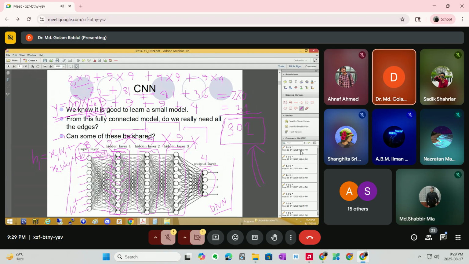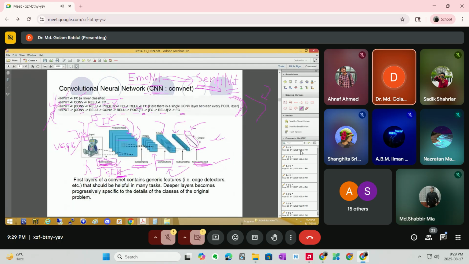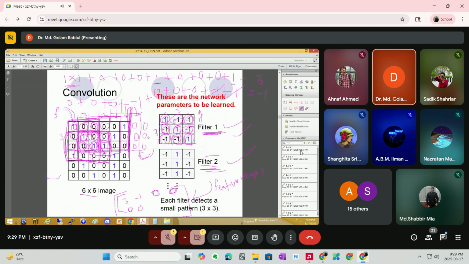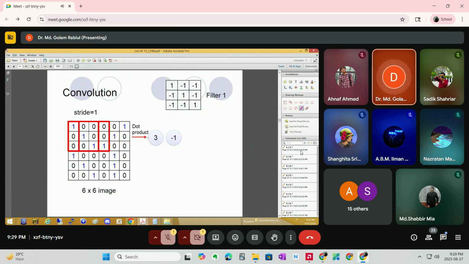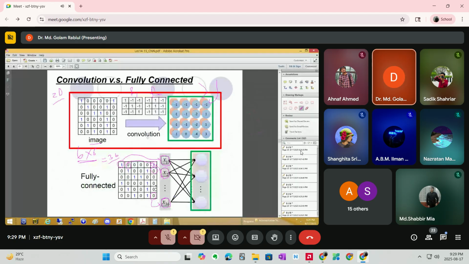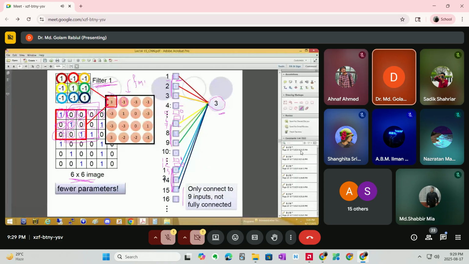But in convolutional neural networks, we can think about shared weights. If the weights can be shared, then we can reduce the number of parameters. That means after utilizing the shared weights, fewer parameters are required.